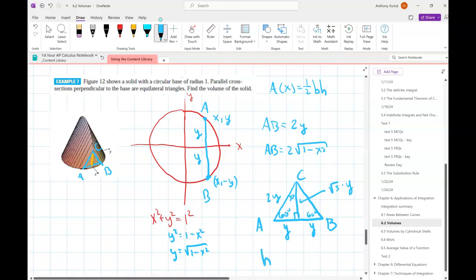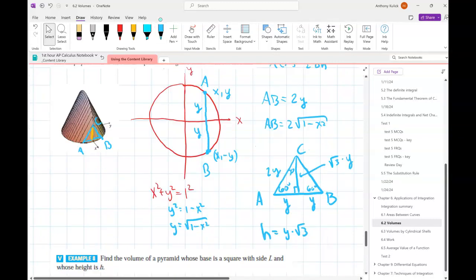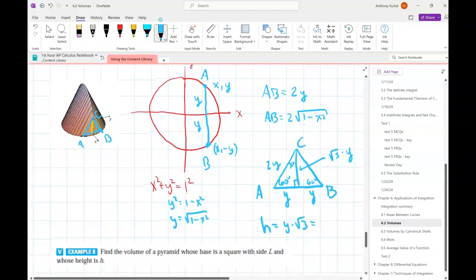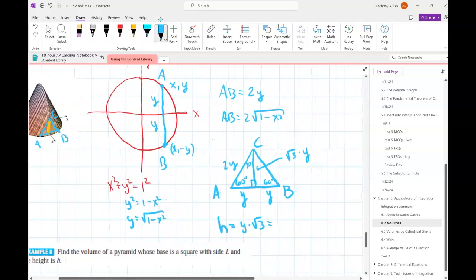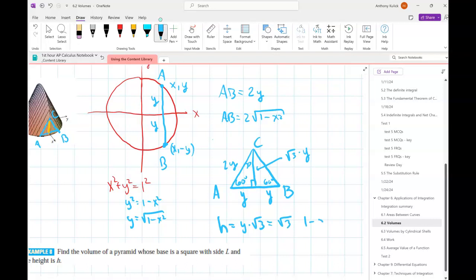So the height is going to be y times the square root of 3, and our y was the square root of 1 minus x squared.